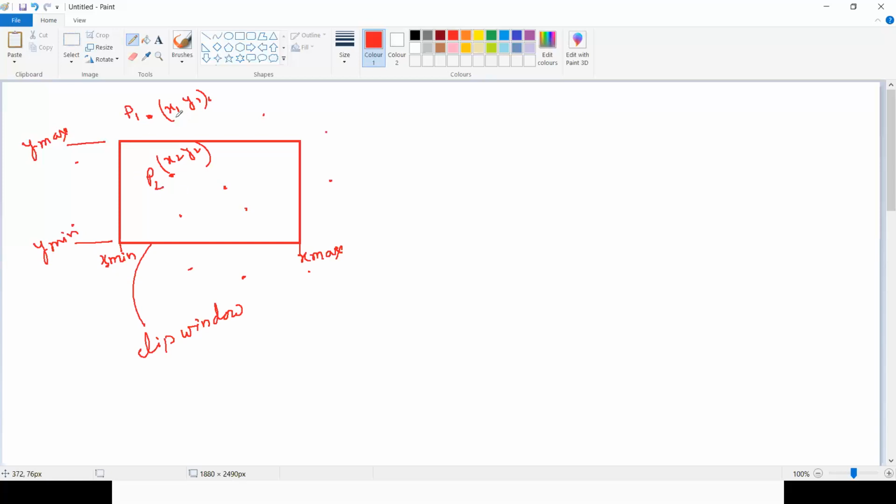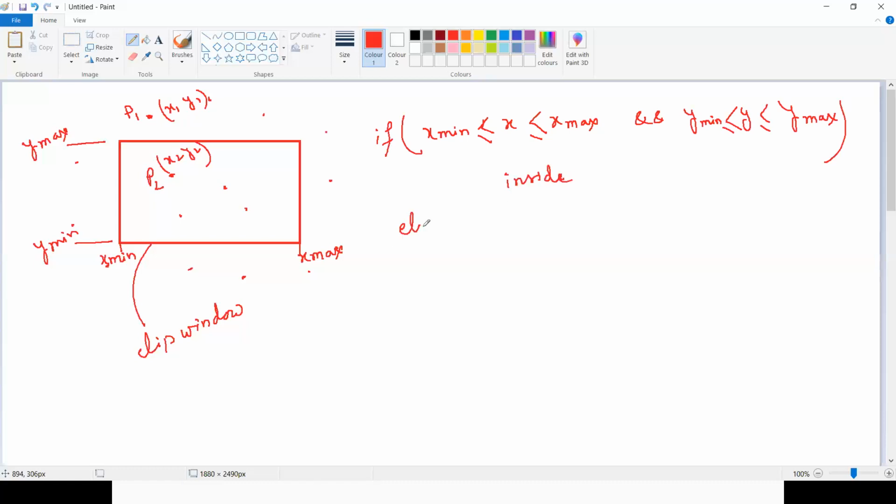So our condition for checking the position of the point is: if x is greater than or equal to x min and less than or equal to x max, and y is greater than or equal to y min and less than or equal to y max, and this is true, then the point P is inside, else outside.